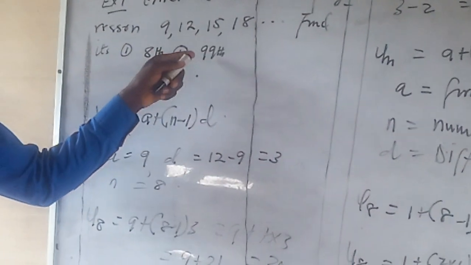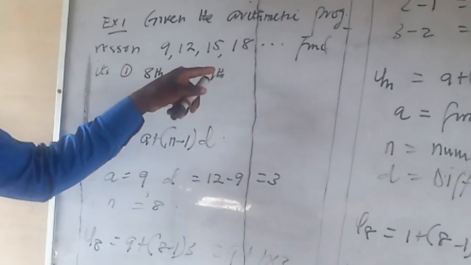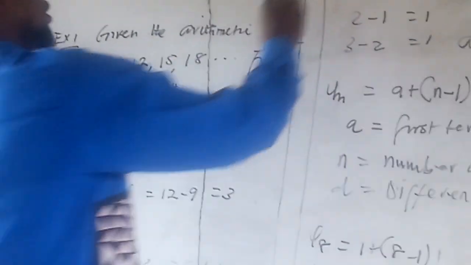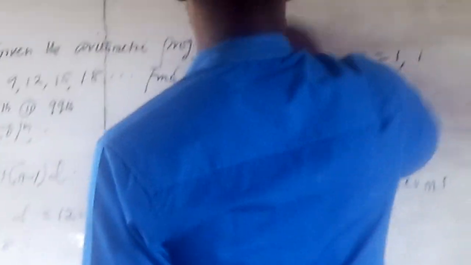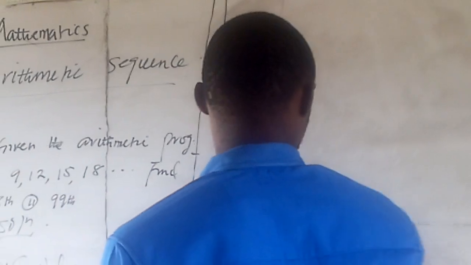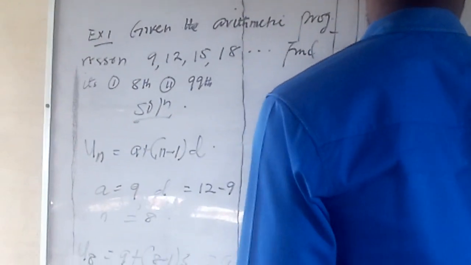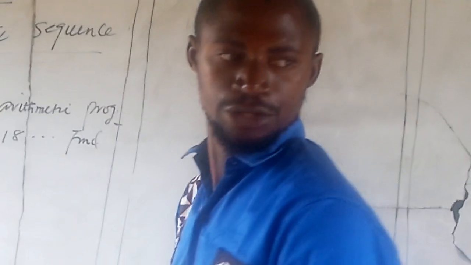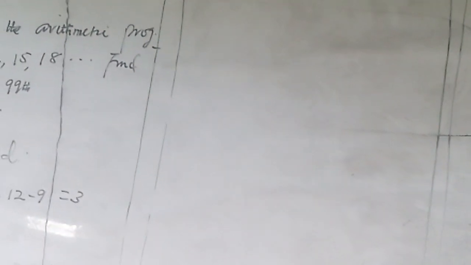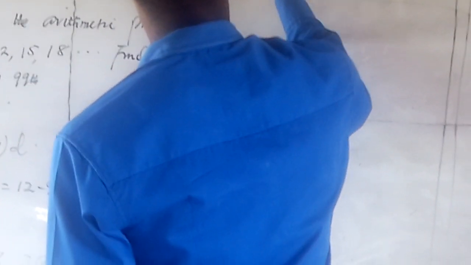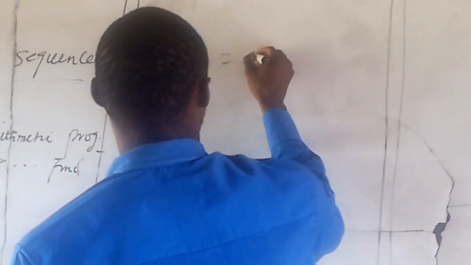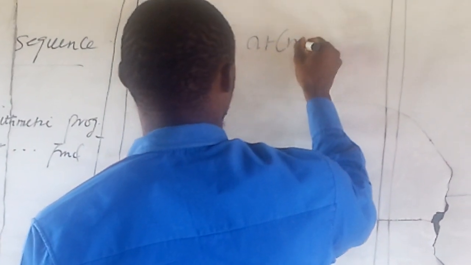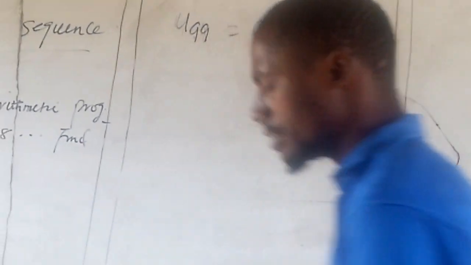Now let's see how we can find the next question, which is the 99th term. For the 99th term, we have U99, which is the same thing as a plus (n minus 1) multiplied by d.